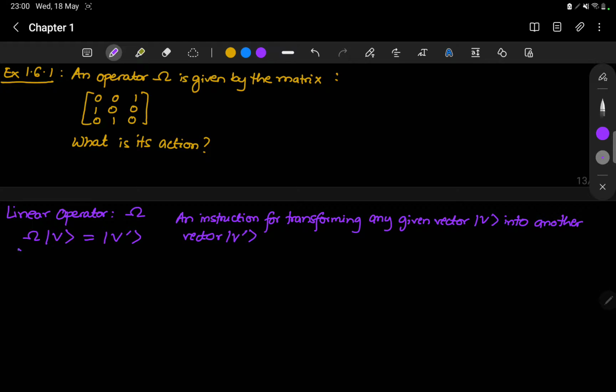For the equation v prime is equal to omega times v, the matrix representation is given as follows.